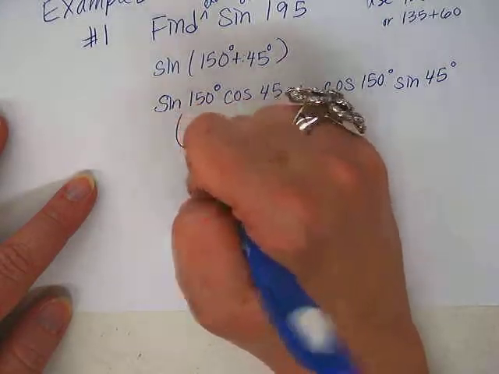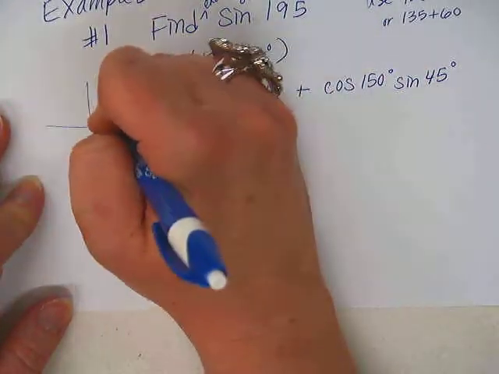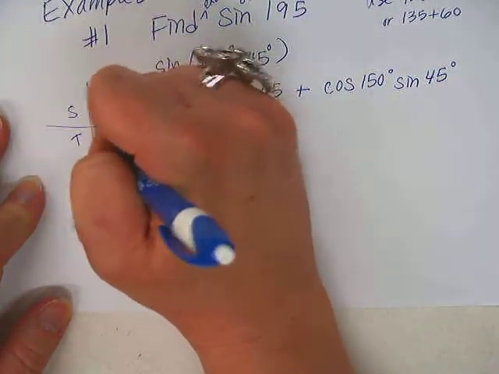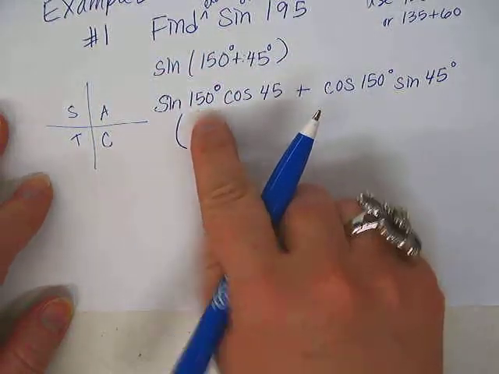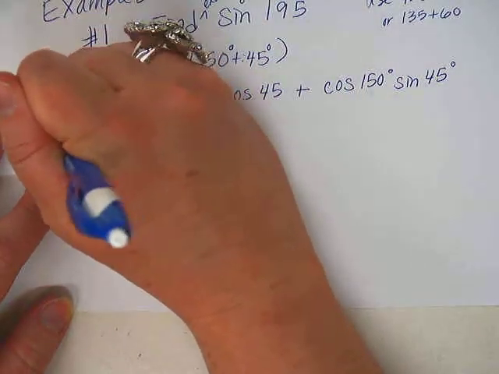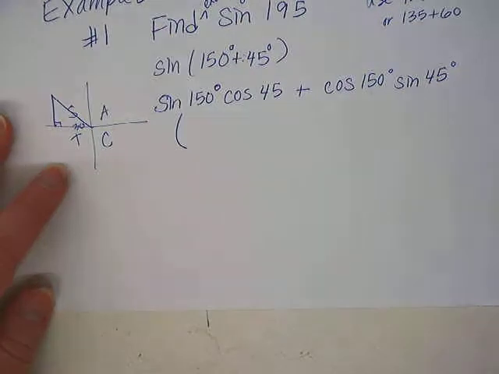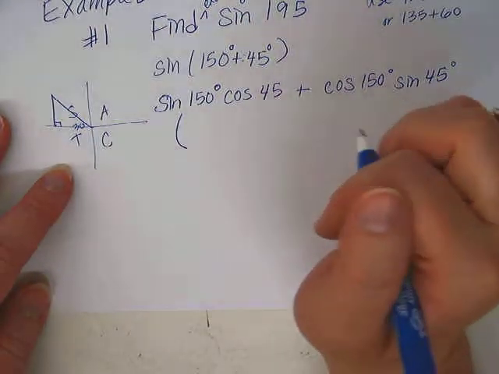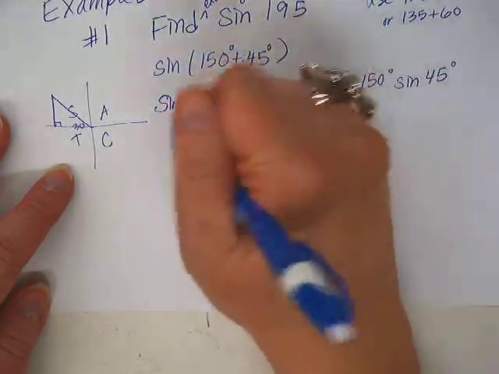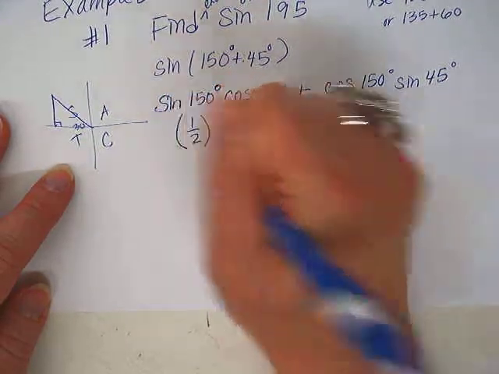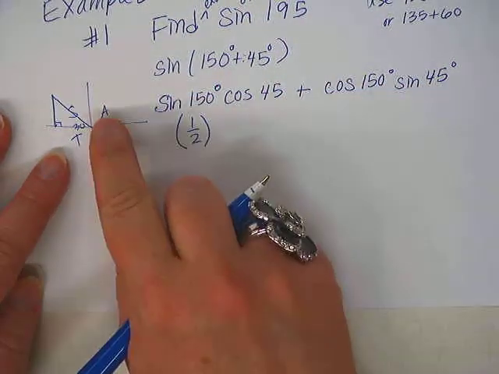Okay, then we have to find the exact values of those, which come from our chart. I'd like to remember all students take calculus. So 150 is a 30-degree reference angle in quadrant 2. So if it's a 30-degree reference angle, that means sine of 150 is 1/2.